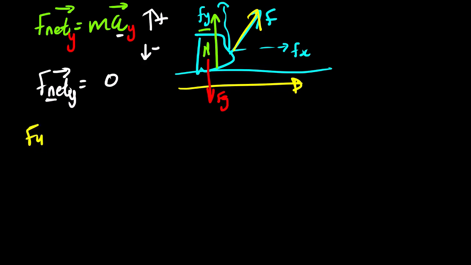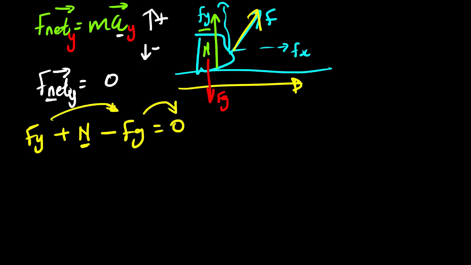So we have Fy plus our normal force minus Fg, since it's pointing downwards, equals 0. And remember that we are looking for the equation for normal force, so we are going to transpose the two to the other side, and then we're going to have this equation here. Normal force is equal to Fg minus Fy.